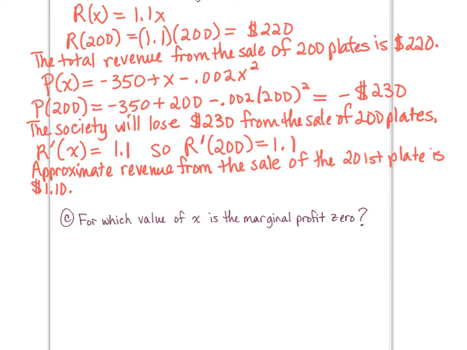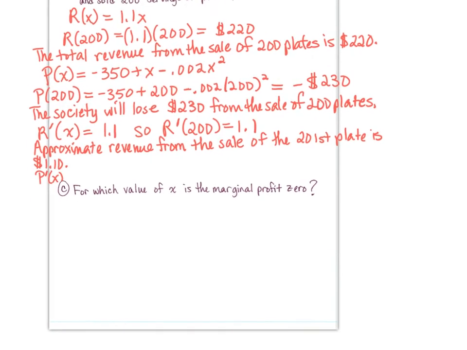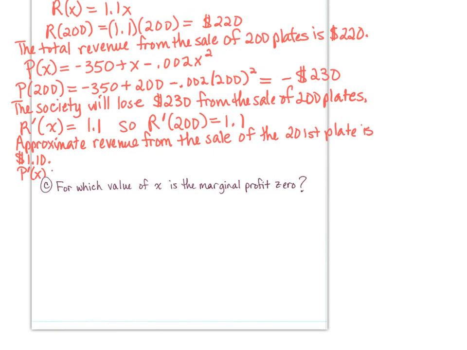So remember that P prime of x was what? 1 minus 0.004x, right? Good.